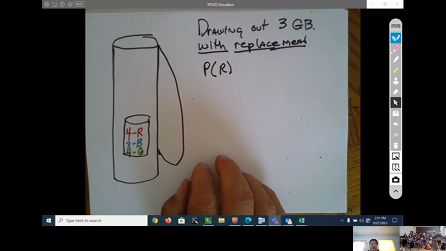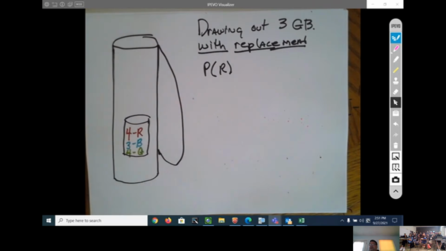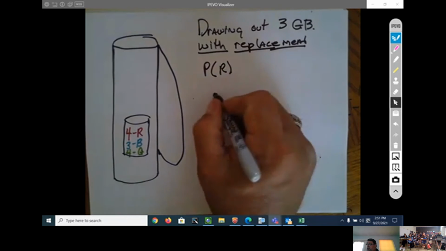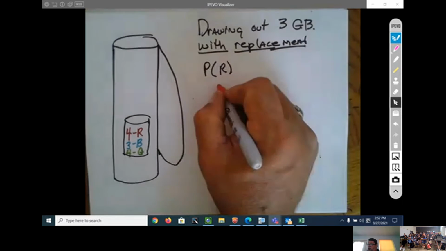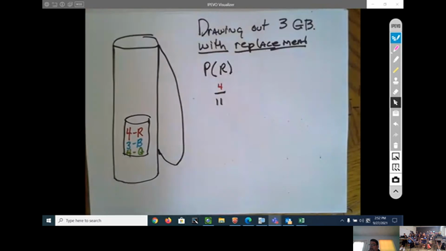So in this case, how many is our denominator? 4 is 8, 9, 10, 11. So our denominator is 11. And our red is 4. And the exponent, I'm going to do that in another color.